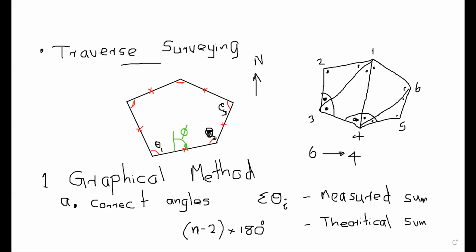If I take this quantity, you add all your measured values, I take this as 1. And this is the expected value. If all your angles are perfect, you will end up with this one. So I take this as 2.